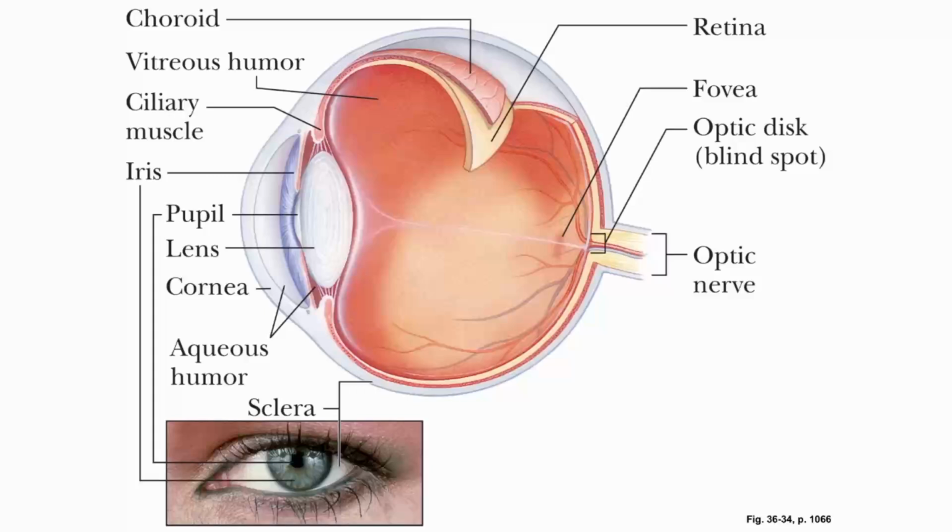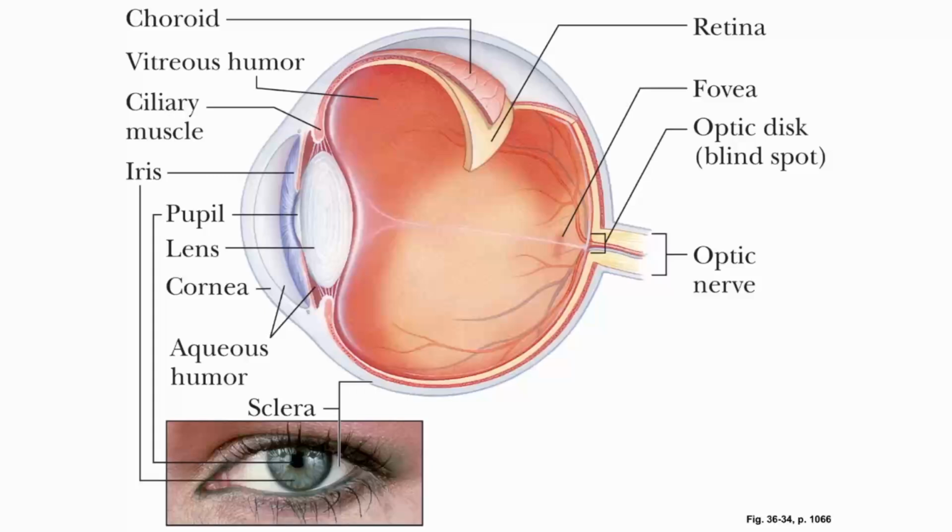Why is it called the lens? Because it's a lens. What kind of lens is it? Diverging or converging? It's a converging lens. You see how it's thicker in the middle, thinner on the outside edges? A lot of people mistakenly think that the lens focuses light. Well, it does a little bit. But it is not the primary focusing portion of your eye.